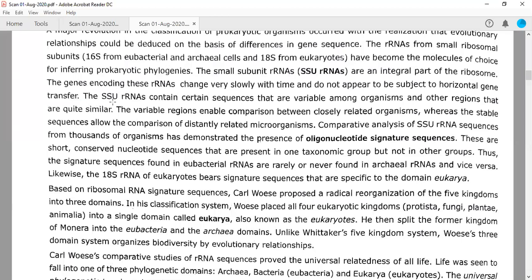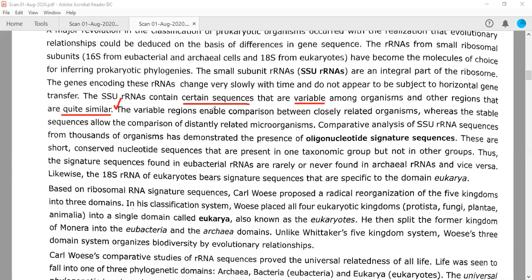Therefore, we can classify depending upon this SSU, small subunit rRNA, which contains certain sequences that are variable among organisms and other regions that are quite similar. As I told you, both are important. Now, what is the benefit of variable regions?